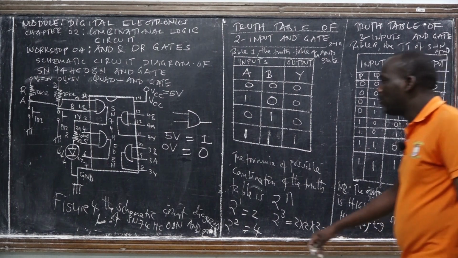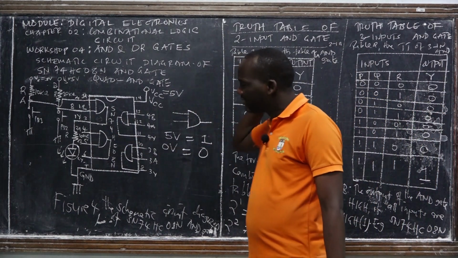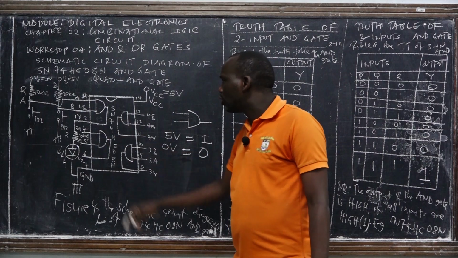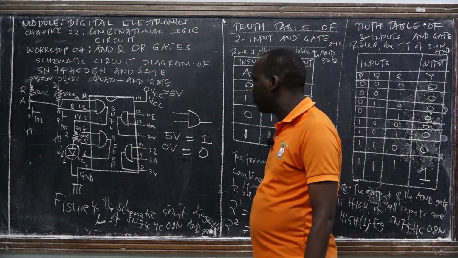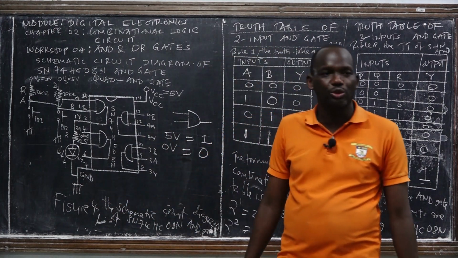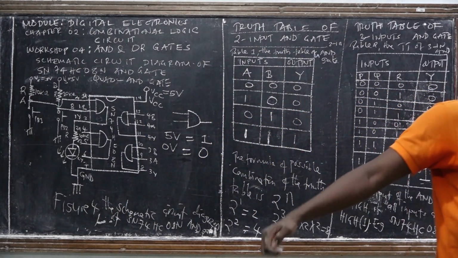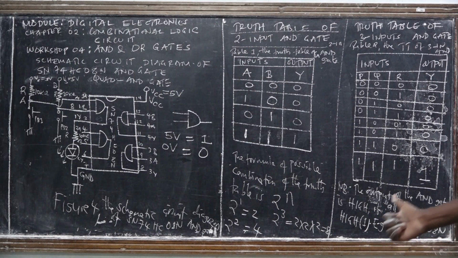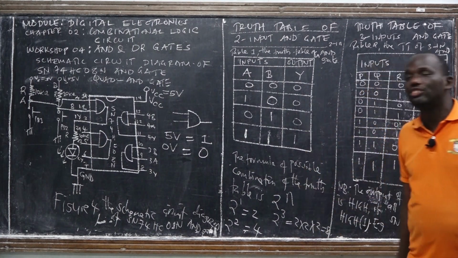So in simulation, we are going to draw this schematic circuit diagram. But also, practically, we'll build these schematic circuit diagrams on a breadboard, and we'll verify that truth table. So I have taught you how you can verify the 2-input AND gate.